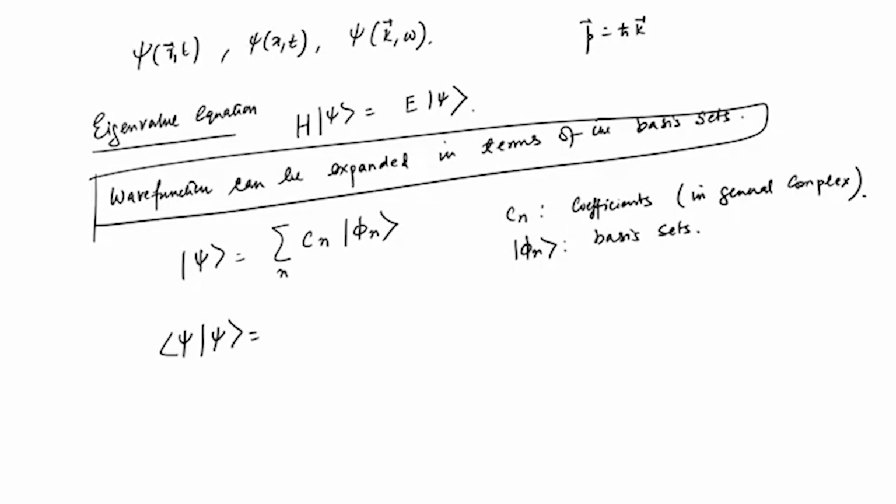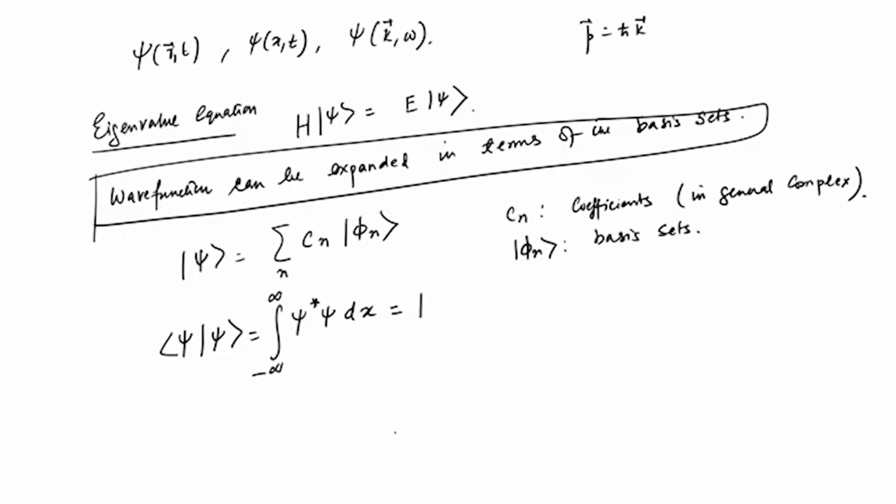This is what the normalization means, and if you write it in terms of integrals, it is just the inner product that we have talked about. The inner product of any vector with itself has to be equal to 1. I am writing it in one dimension.